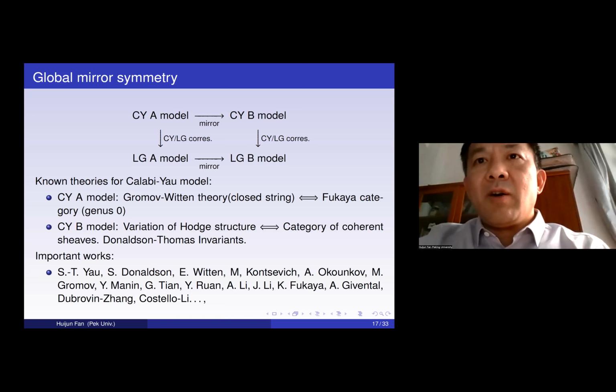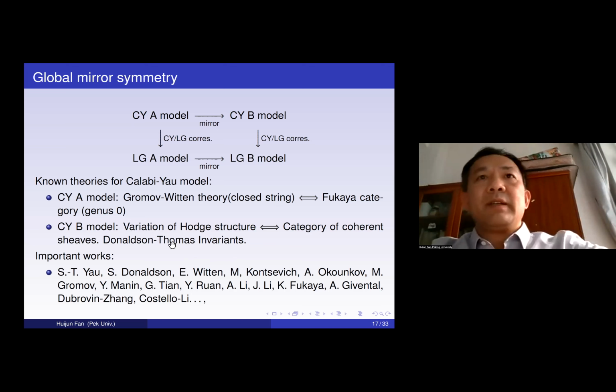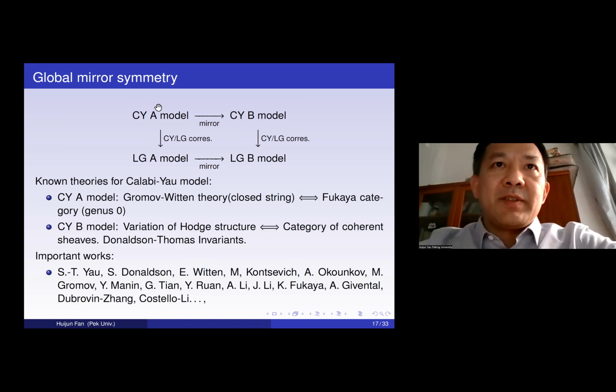On the open version side, we have the so-called category of coherent sheaves. And also we have the Donaldson-Thomas invariants definition. So all these theories appear in the Calabi-Yau models. There are many important works due to many famous mathematicians working in this field.